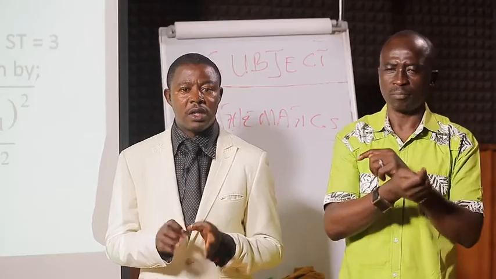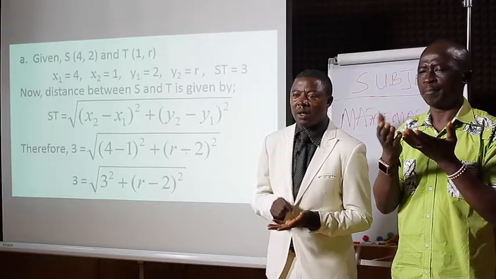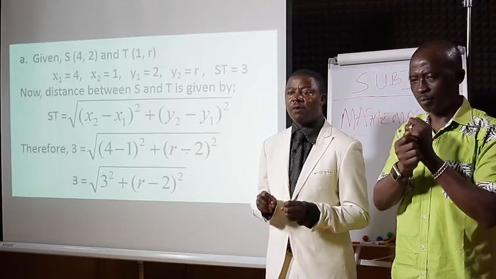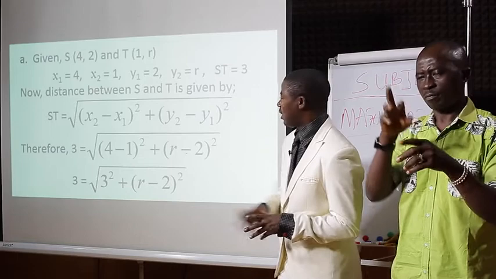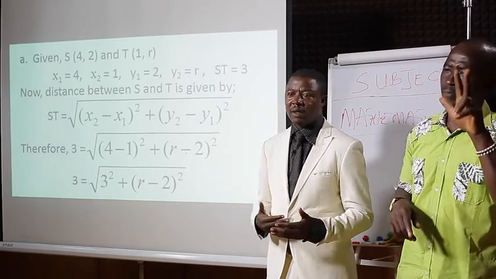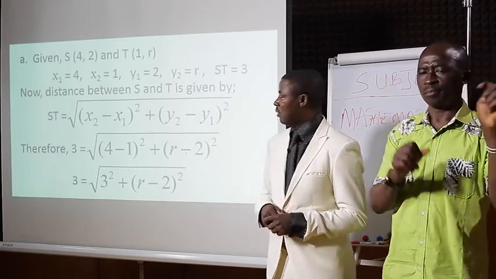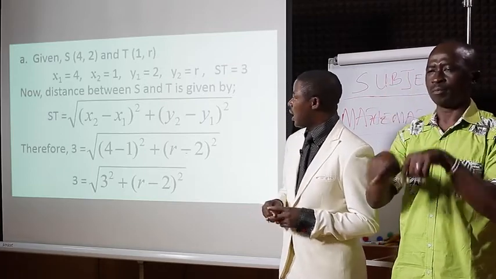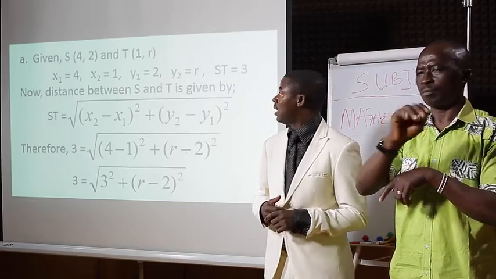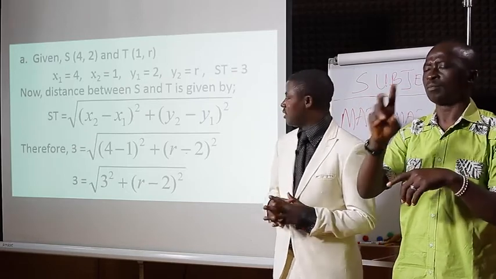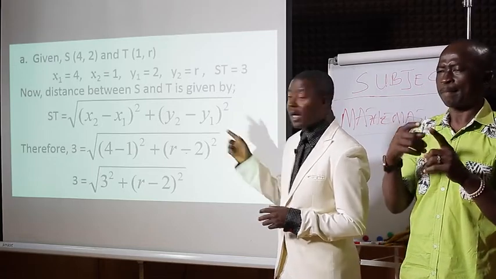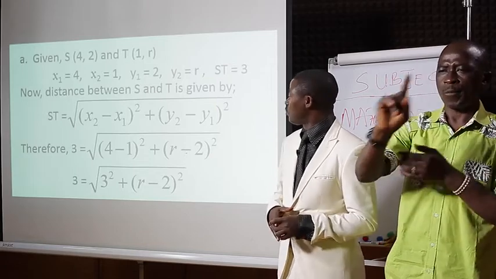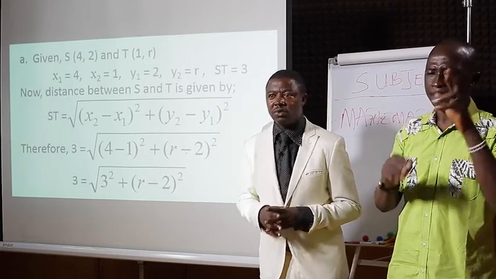The only issue here is R is not given, so we need to substitute and then solve for the value of R. Therefore, 3, which is the length of ST, equals the root of (4 minus 1) squared plus (R minus 2) squared.